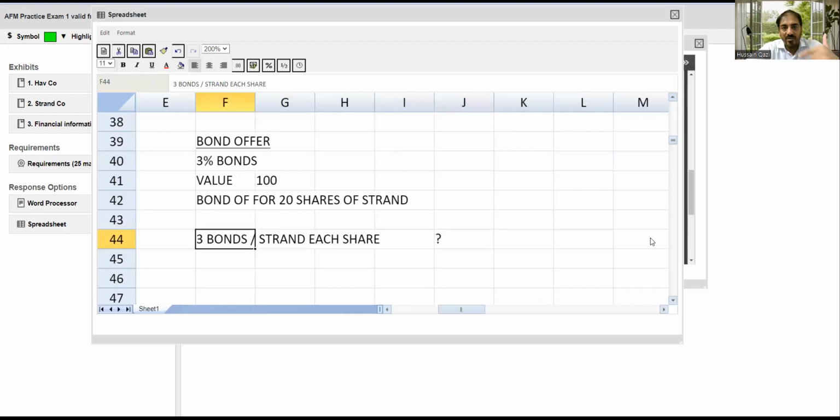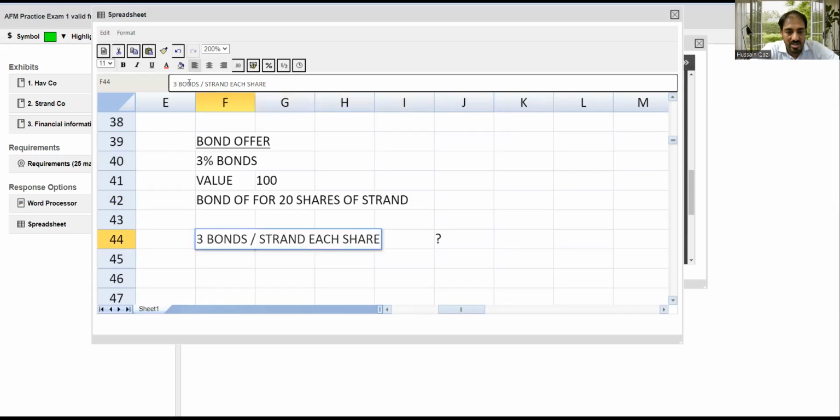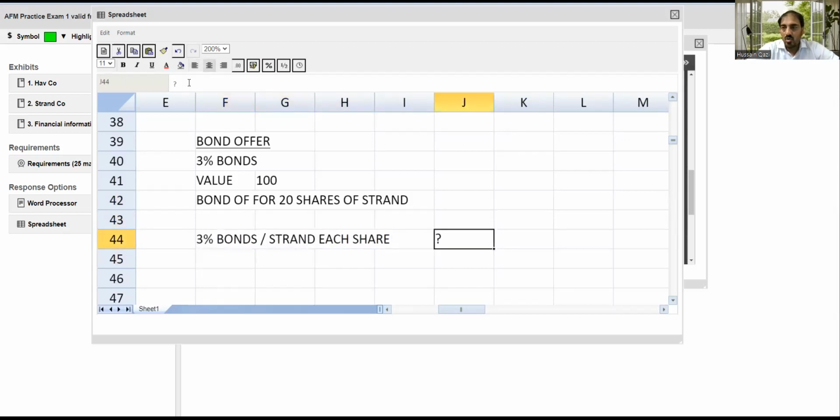If you are a Strand shareholder and I offer you this bond of value 100 against your 20 shares, what will you perceive? Mr. Hussain is offering bonds having the value of 100 against my 20 shares. So what is the value for each share? Do reply to me.